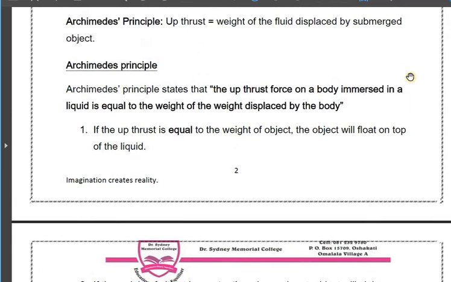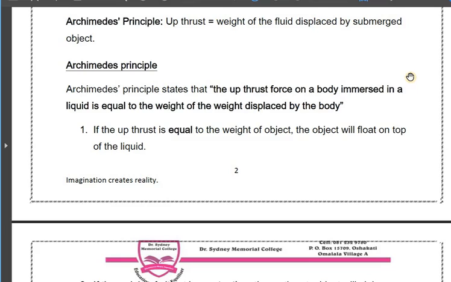But for our purposes, Archimedes' principle says that the upthrust force on a body immersed in a liquid is equal to the weight of the liquid displaced by the body.